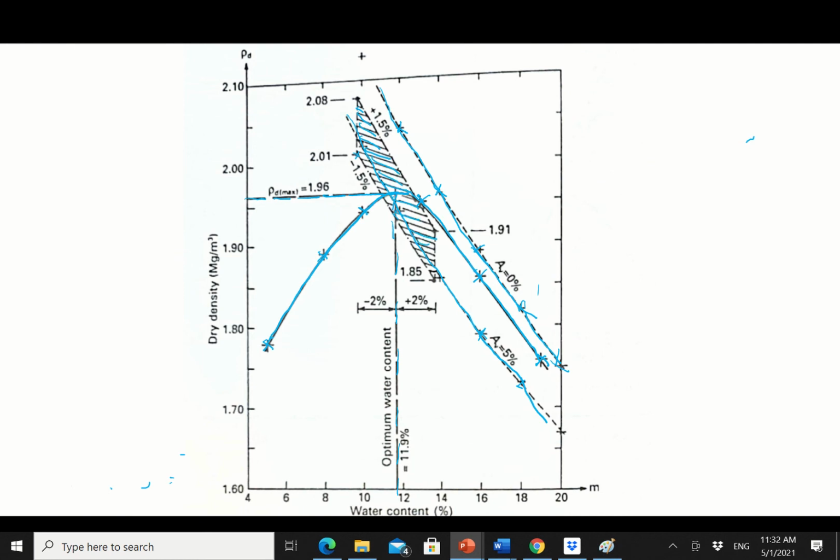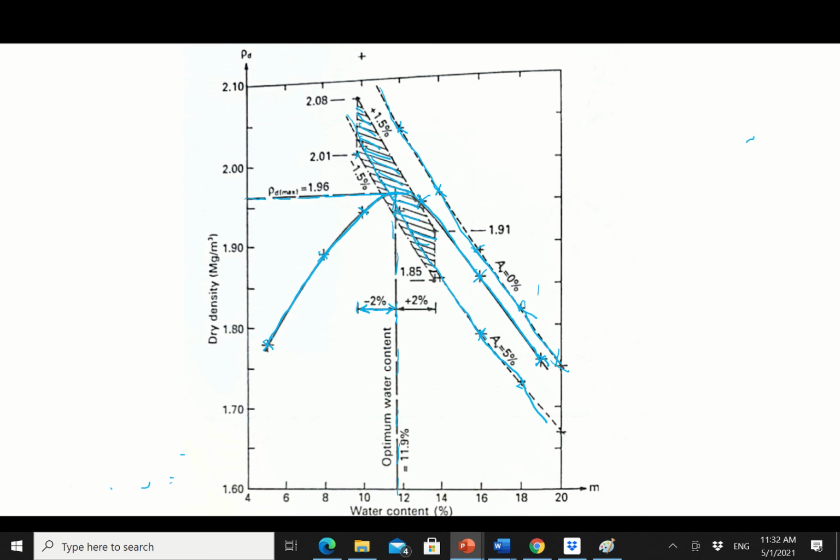To plot this shaded area, the condition of the soil is that it has plus or minus 2% moisture content, meaning that from the optimum water content you find the value which is 2% less than your optimum water content.